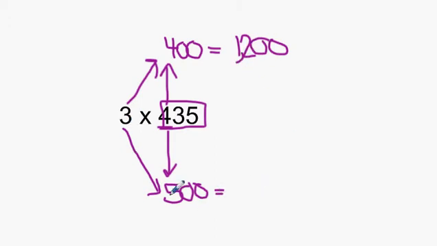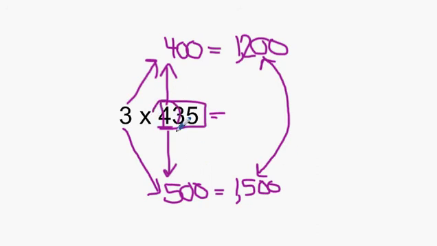Just like 3 times 5 is 15, but we move that 1 over to make 1,500. So from estimating multiplication, I can tell that the answer to this problem is somewhere between 1,200 and 1,500.